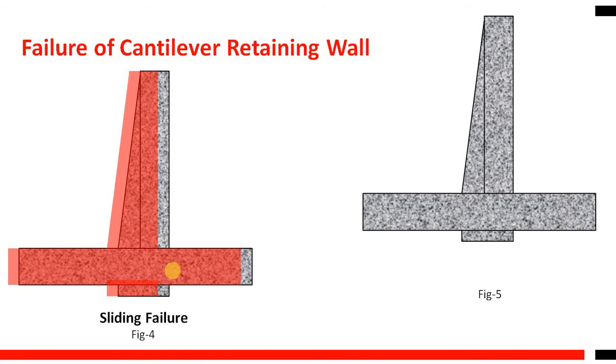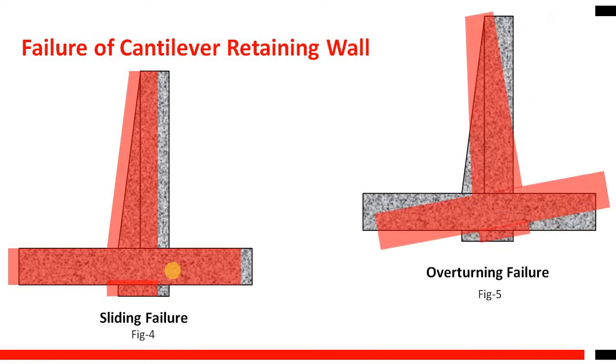In figure number 1 you can see the overturning failure, which will try to move the retaining wall in the anti-clockwise direction from the side of the backfill. To avoid this we have to design the heel portion and the toe portion to avoid overturning failure of the retaining wall.